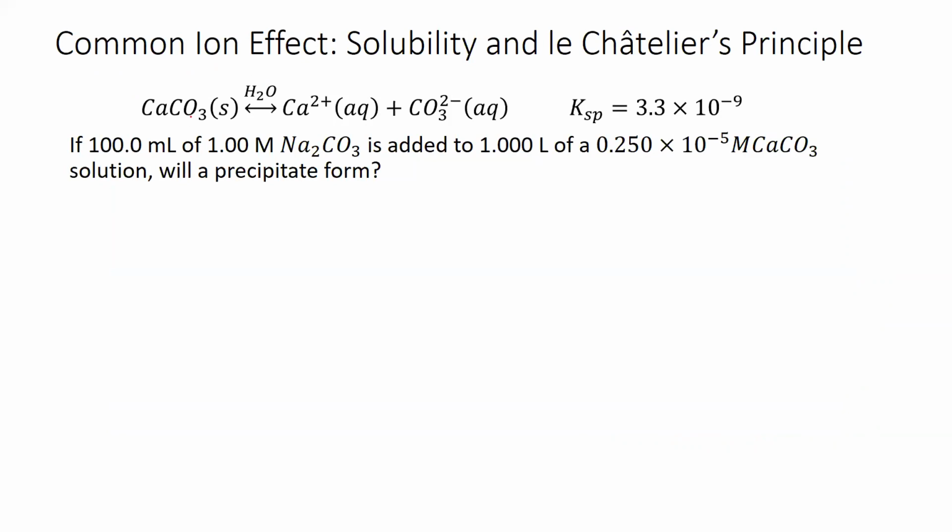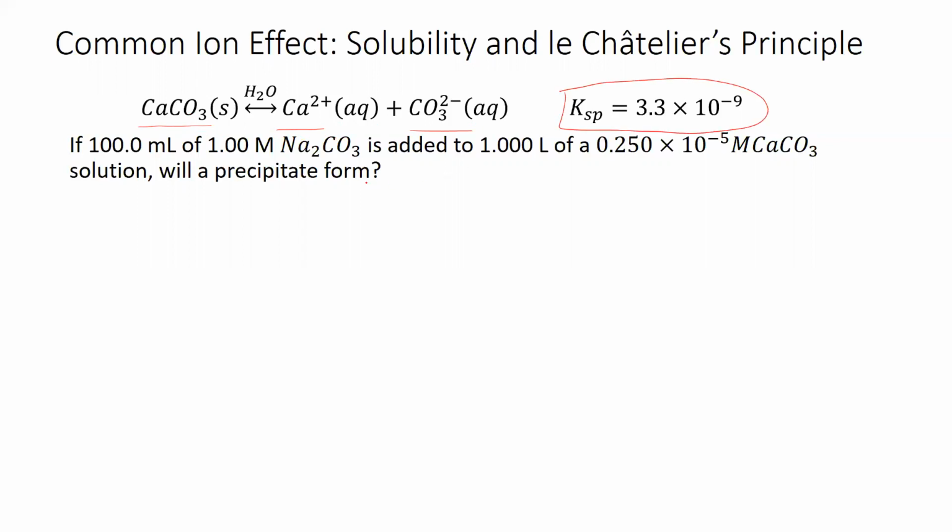So if we have a solution of calcium carbonate, or we're going to make a solution that has calcium carbonate in it, we can determine how much calcium carbonate can dissolve, or at what point we might see a precipitate. Since the calcium carbonate dissociates into calcium 2+ and carbonate, CO3 2-, and we know the KSP for that, as it's seen here.